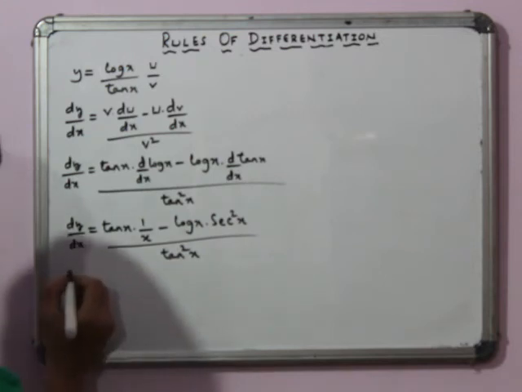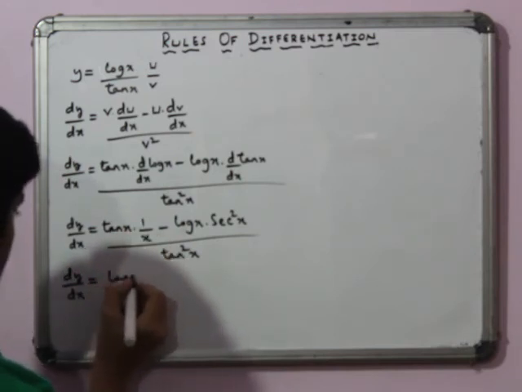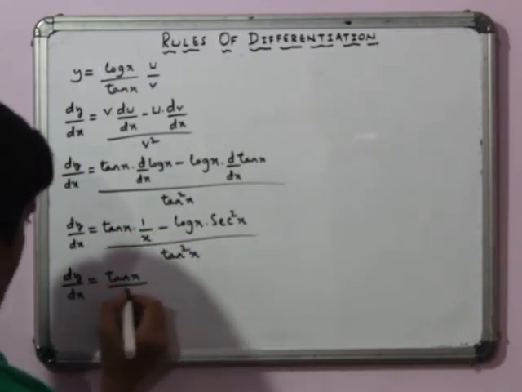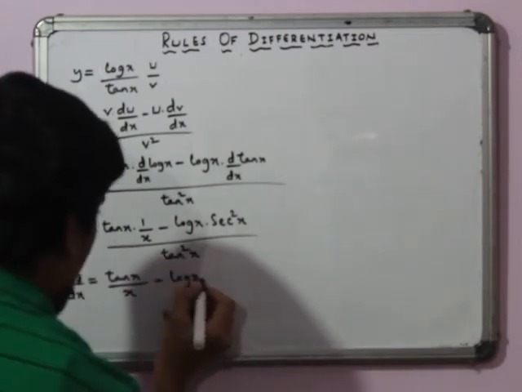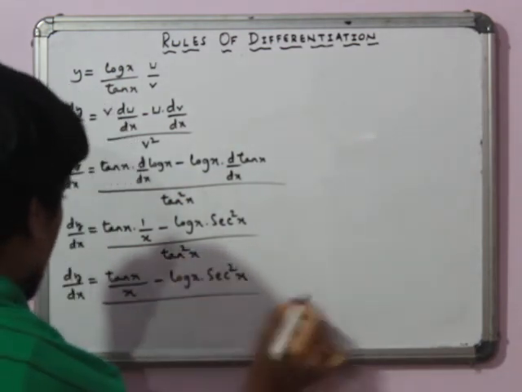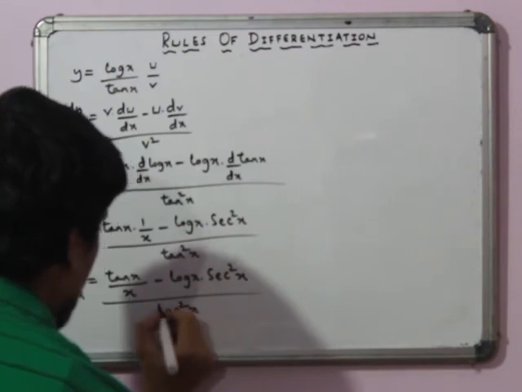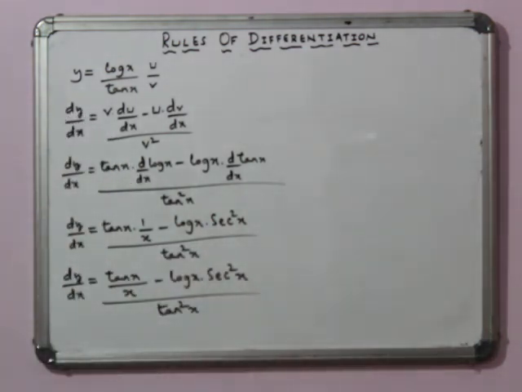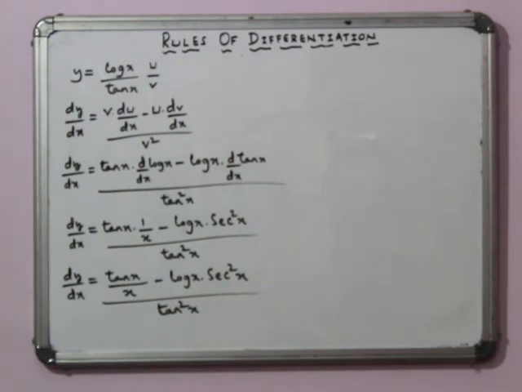The final answer will be dy by dx equal to tan x into 1 by x, minus log x into secant square x, divided by tan square x. Okay, this is the derivative of log x by tan x.